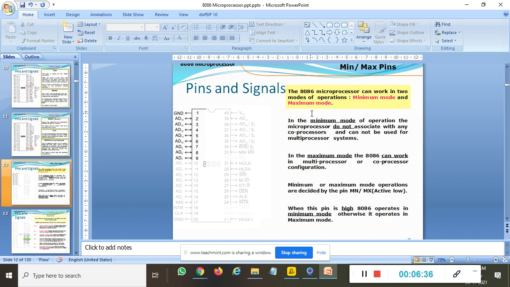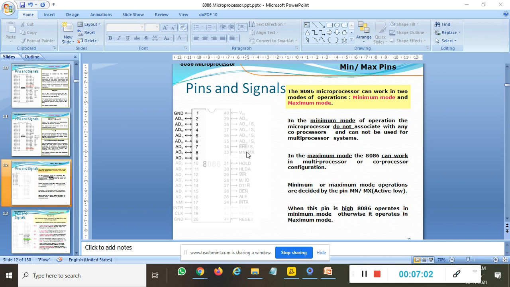One is single purpose, another is multi-purpose or co-processor. There is one pin, number 33, which is called the minimum and maximum pin.